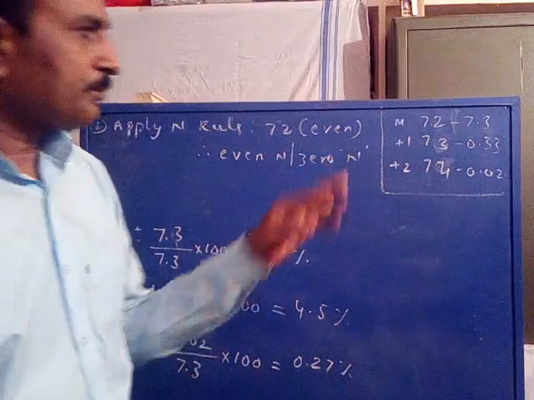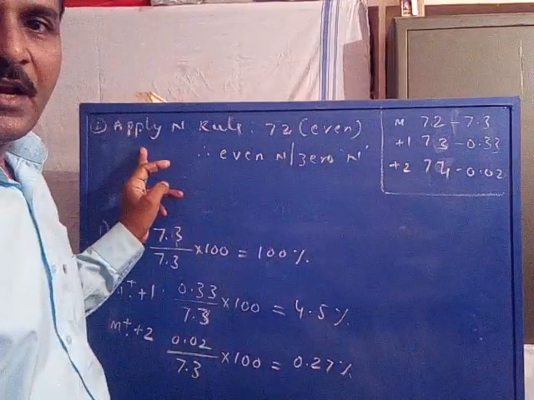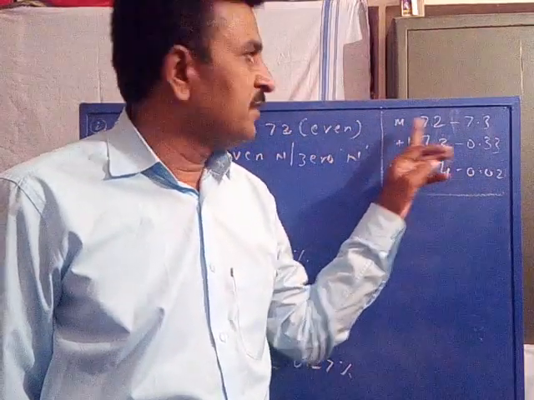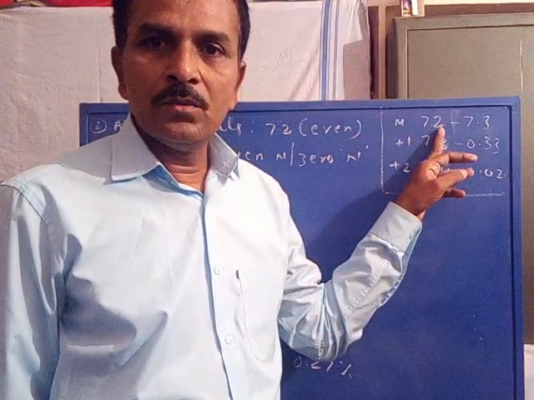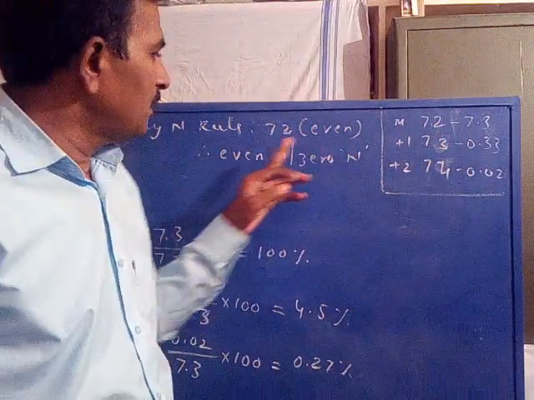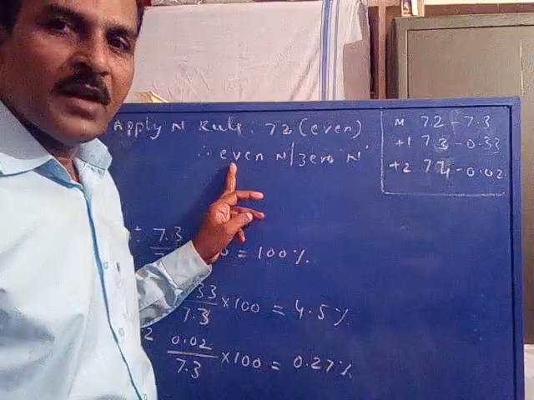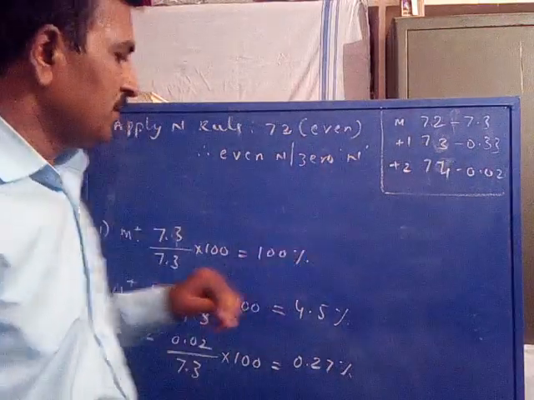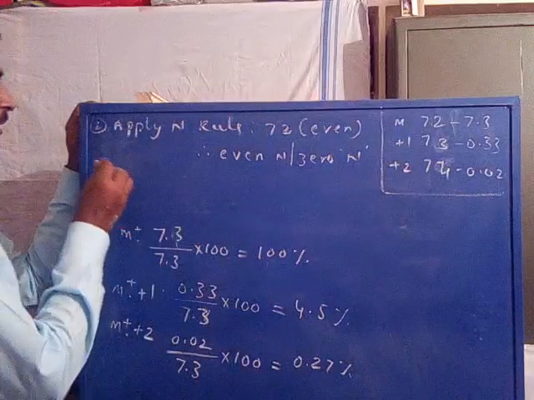Are you following? When we apply the nitrogen rule, where the molecular ion m/z value is 72, 72 is an even number, which indicates there may be an even number of nitrogen or there may be zero nitrogen. This is the application of the nitrogen rule.